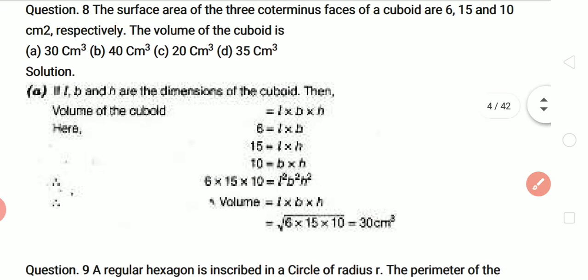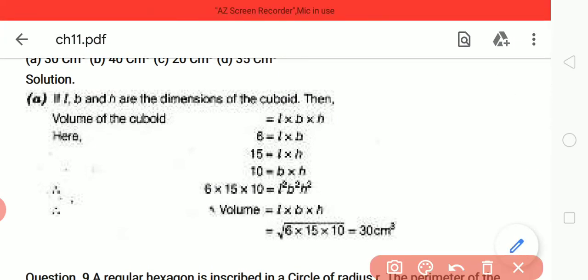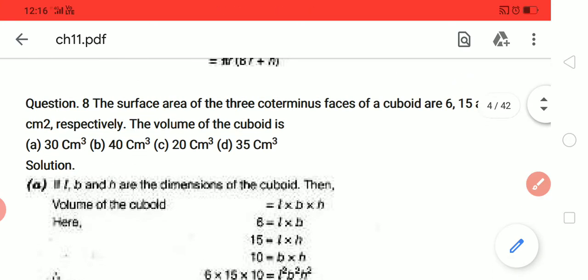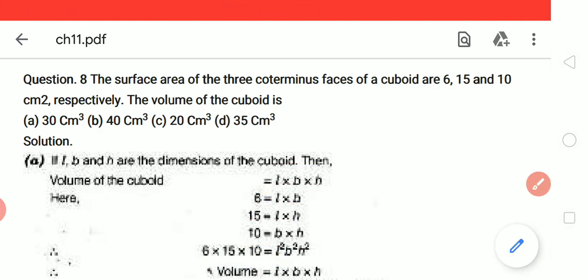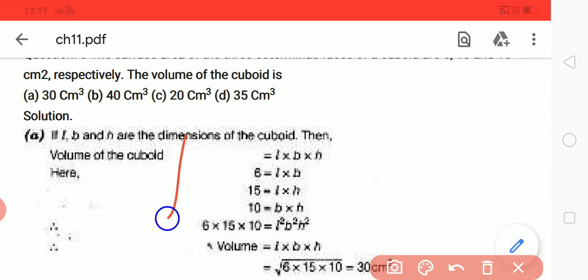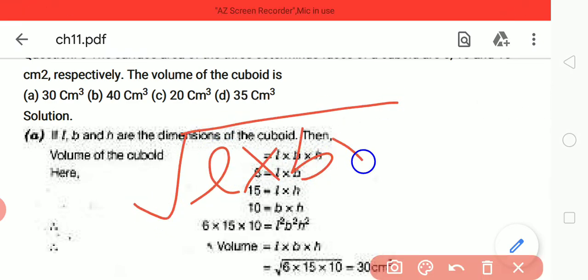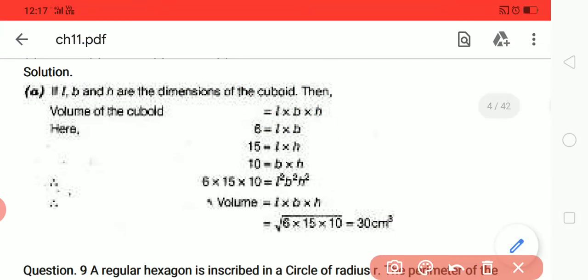These are surface areas, so L into B, B into H and H into L are given. You multiply all of these to get L square, B square, H square, and you have to find the square root of their product. So the product is 6 into 15 into 10, which is 900, and the square root is 30. So the volume is 30.